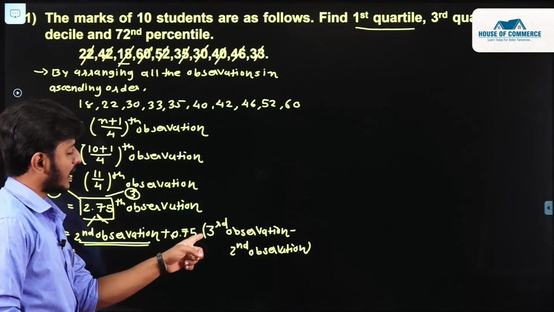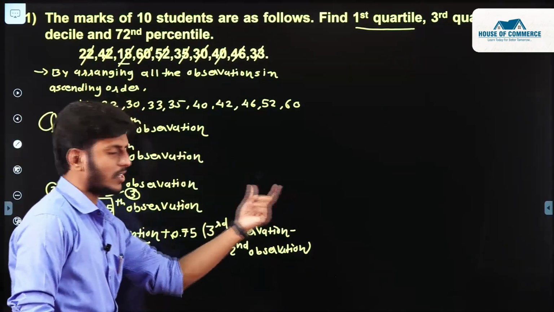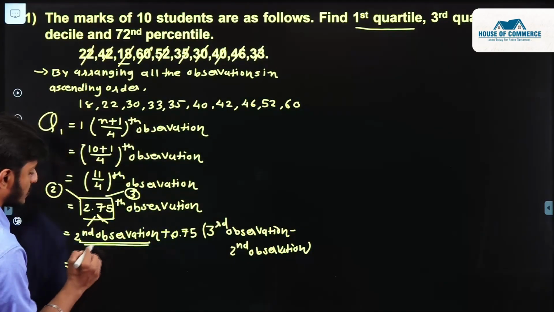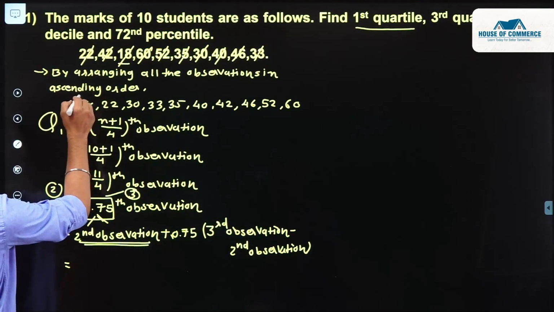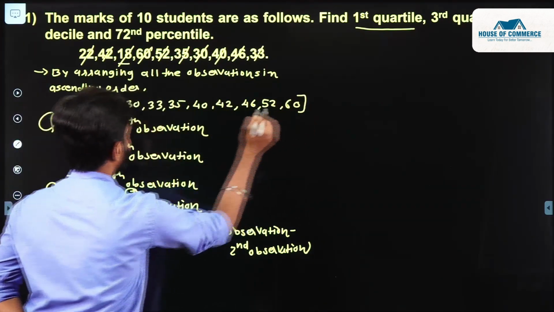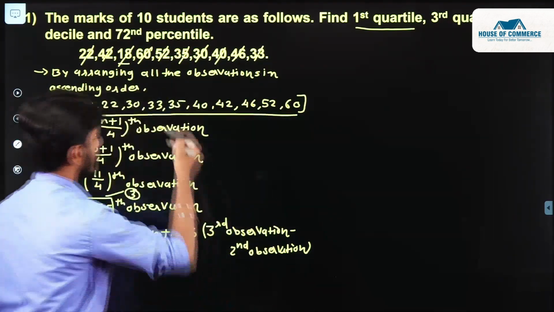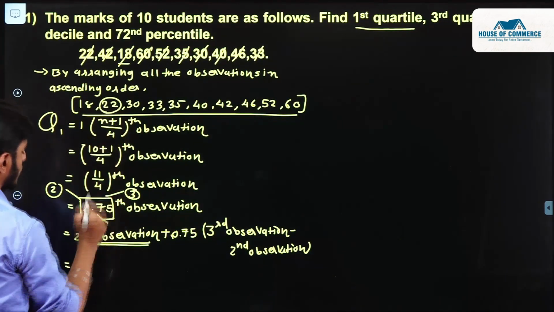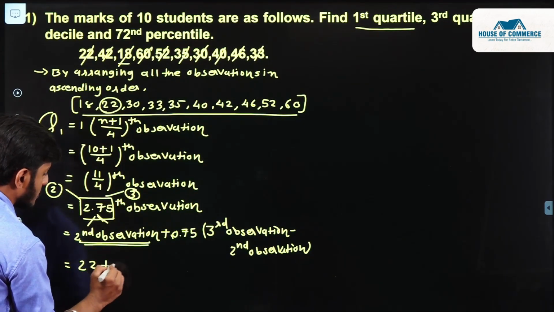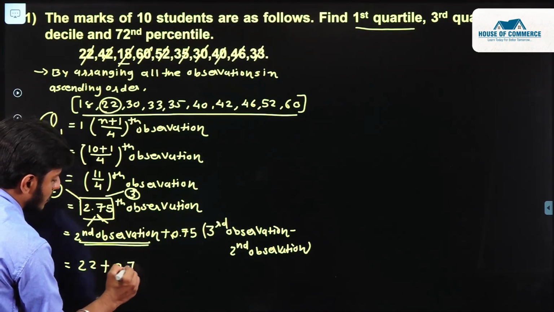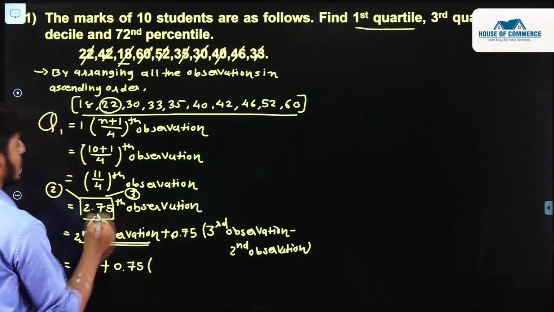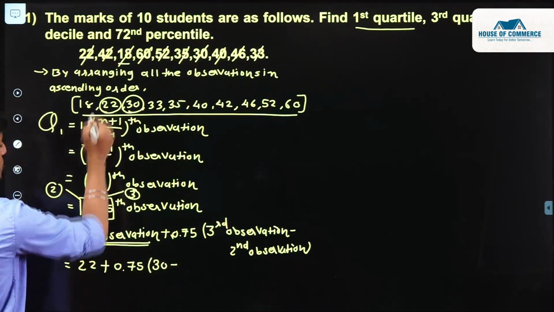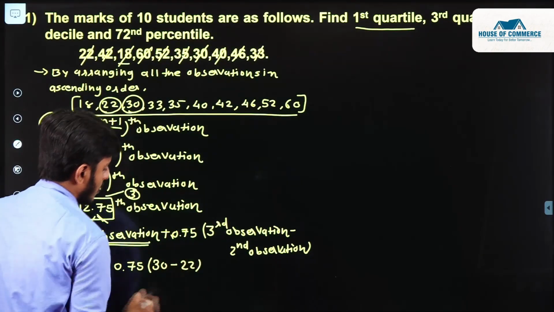Then first of all, in the bracket, we'll write the third observation, the bigger observation, minus the smaller observation, which is the second observation, right? So what is the second observation? We have to see from the list in ascending order. So which one is the second observation? First and second. The second observation is 22 plus 0.75, as it is in bracket. What is the third observation? Which is 30 minus 22.